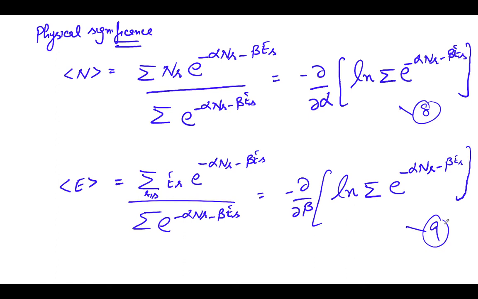Again we will introduce an undefined parameter dependent upon nr and es, following the same approach we used for the canonical ensemble. Introducing a physical parameter, let us say q, which is the log of the summation of exponential of minus alpha nr minus beta es.